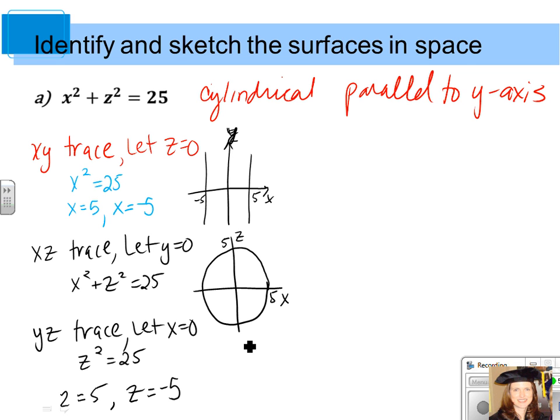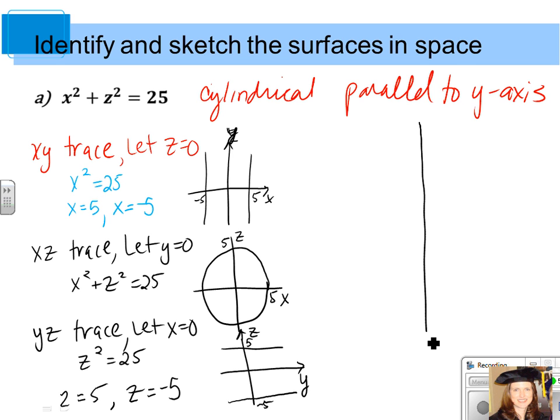I'm going to sketch this one using a horizontal y-axis and a vertical z-axis. The line z equals 5 is the horizontal line through positive 5 on the z-axis, and z equals negative 5 is the horizontal line through negative 5 on the z-axis.